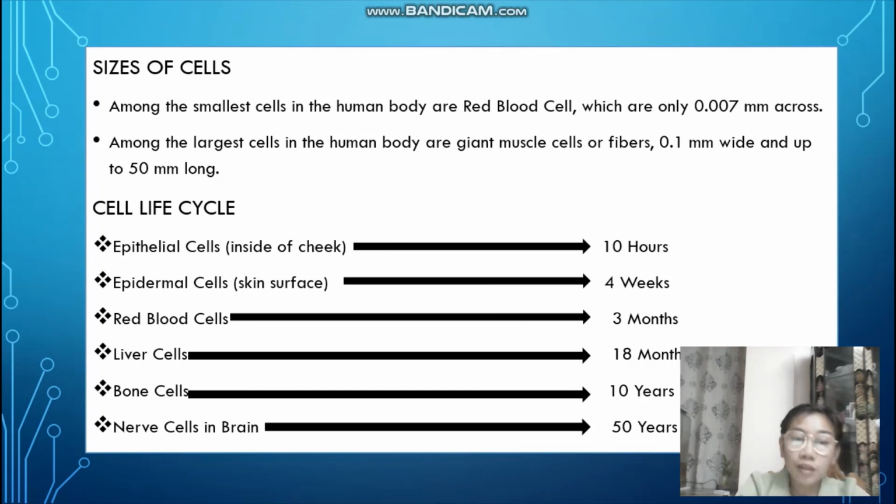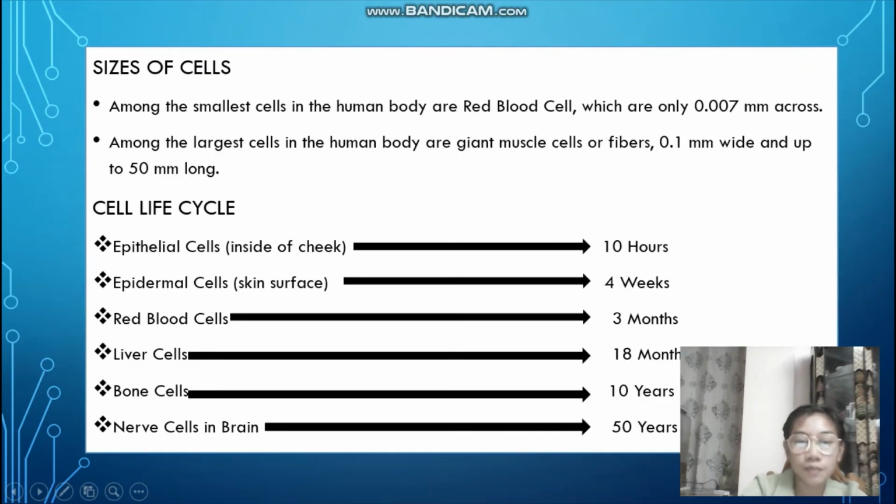When it comes to the cell life cycle or the lifespan of the cells, we have here the epithelial cells, referring to the inside of the cheeks, whose lifespan is only 10 hours. For the epidermal cells, referring to the skin surface, the lifespan is about 4 weeks only.